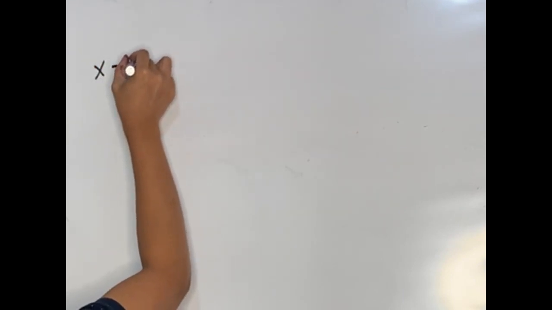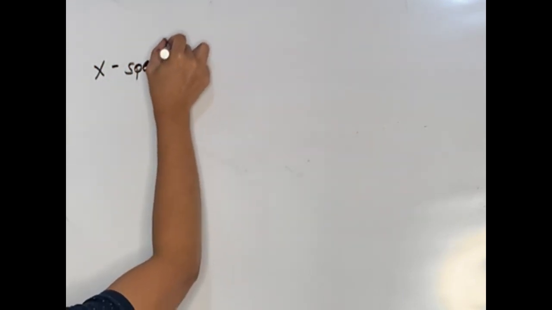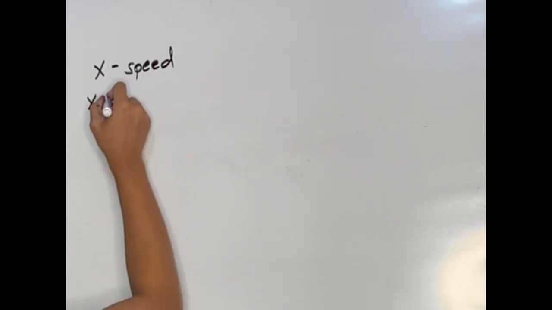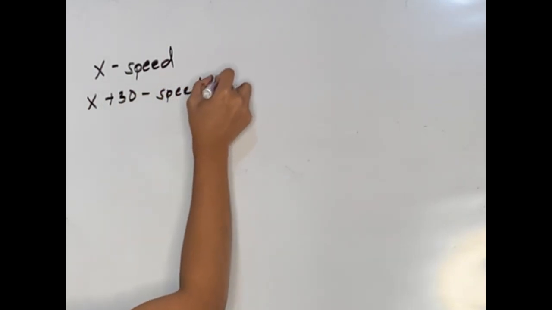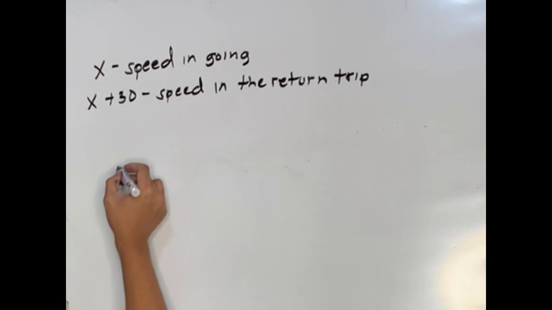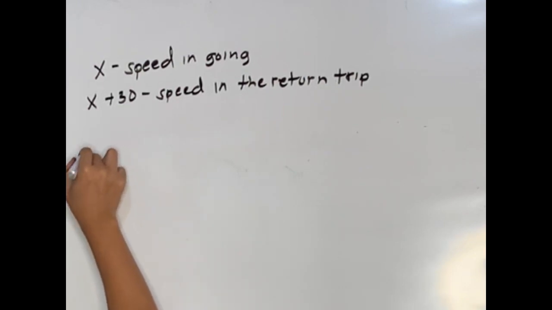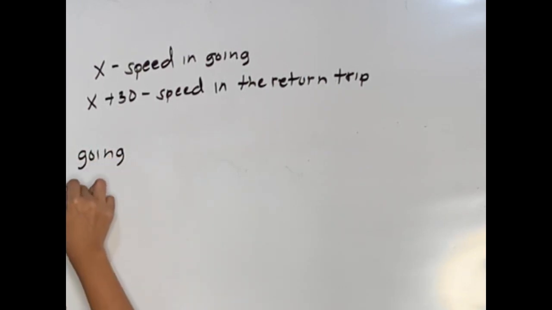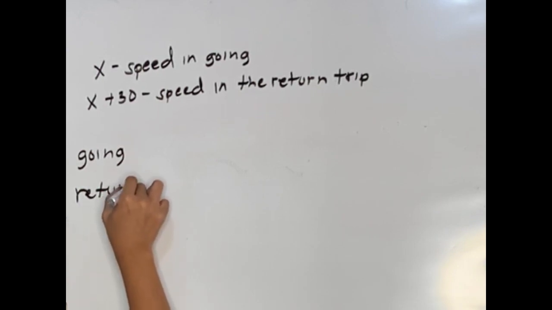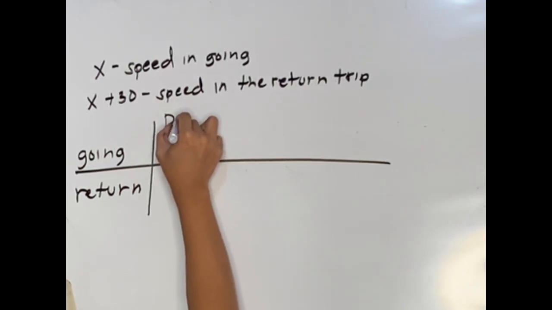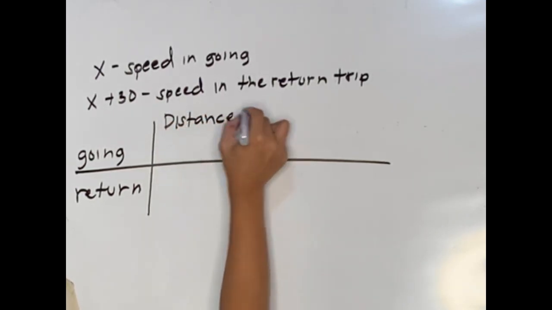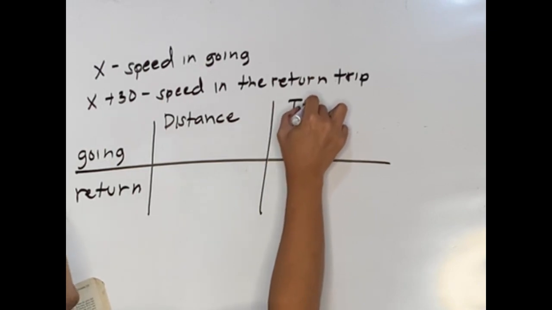So you will be having x as our speed, and x plus 30 as our speed in the return trip. Okay, in our table, going and return, you will have our distance and our time covered.